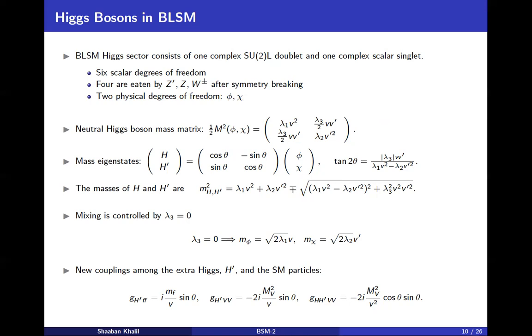In BLSSM, the Higgs sector is not two Higgs doublets, nor one Higgs doublet as in the Standard Model, but one Higgs doublet and one Higgs singlet, chi. So it is mixed between singlets and doublets. We have one complex SU(2) doublet, as in the Standard Model, and one complex scalar singlet chi.